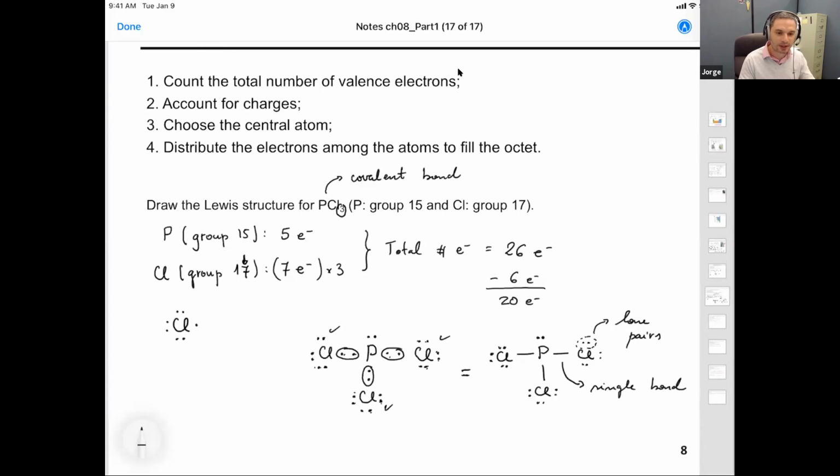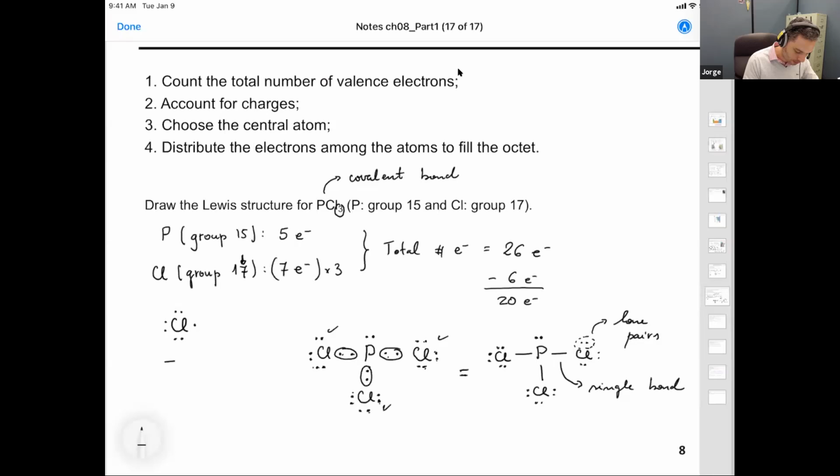Each side that there is a pair of electrons is going to be a flat edge. So we have flat edge on the top, on the left, and at the bottom. And the edge that has only one electron is the one that will make the connection. So chlorine always makes one single bond.